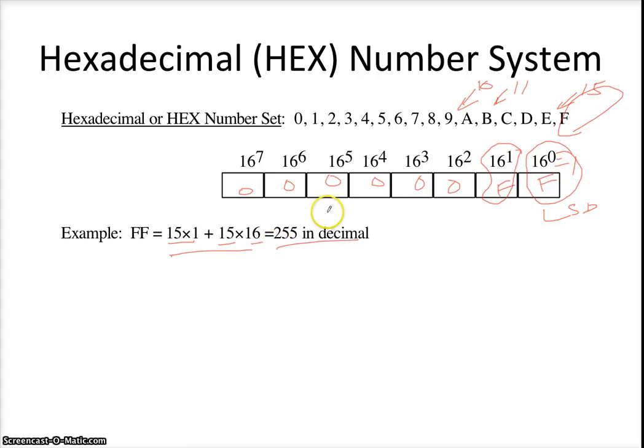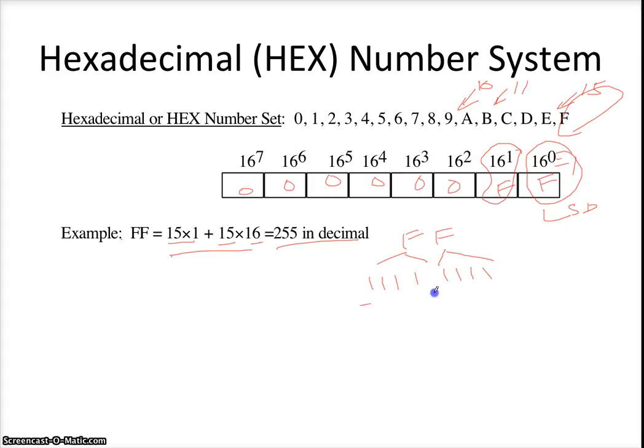Hey, this is kind of cool, actually. It turns out that if you represent FF in binary, I'm going to expand out the right-hand-most F, and that's going to be 1, 1, 1, 1 in binary. And then for the second digit, second to the right, that's also going to be 1, 1, 1, 1.